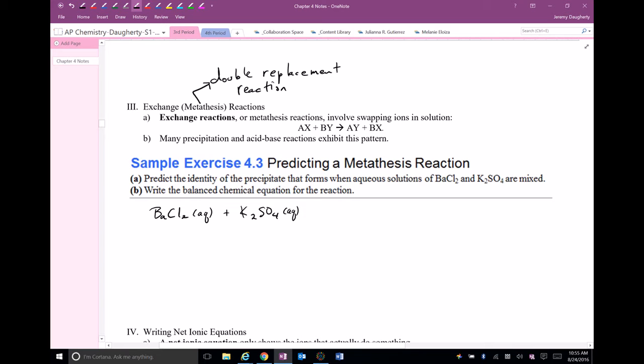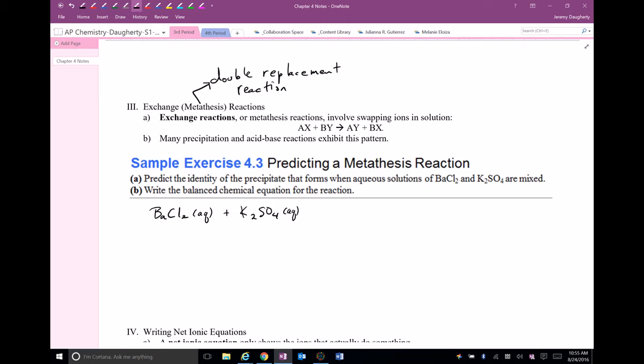The first question is, predict the identity of the precipitate. So before we write the chemical reaction, let's see if we can predict the identity of it. You have 3 options for your products, right? This is a double replacement reaction. Your first option for your products is barium chloride and potassium sulfate.